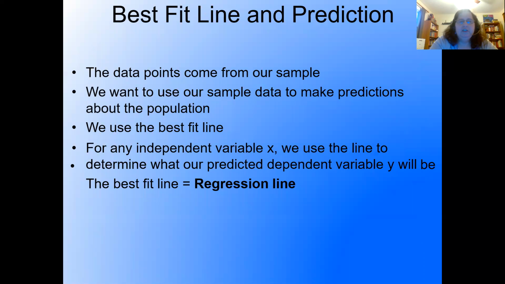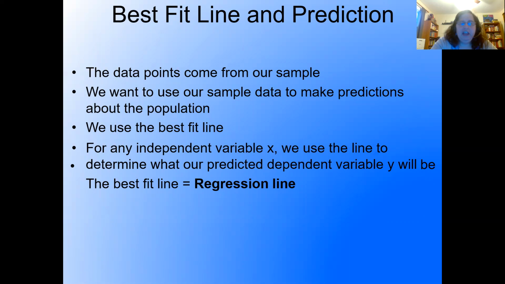Okay. So let's talk a little bit more about this notion of best fit line and prediction. So the data points all come from our sample, right? That's our data. We want to use our sample data to make predictions about the population. So we use the best fit line.